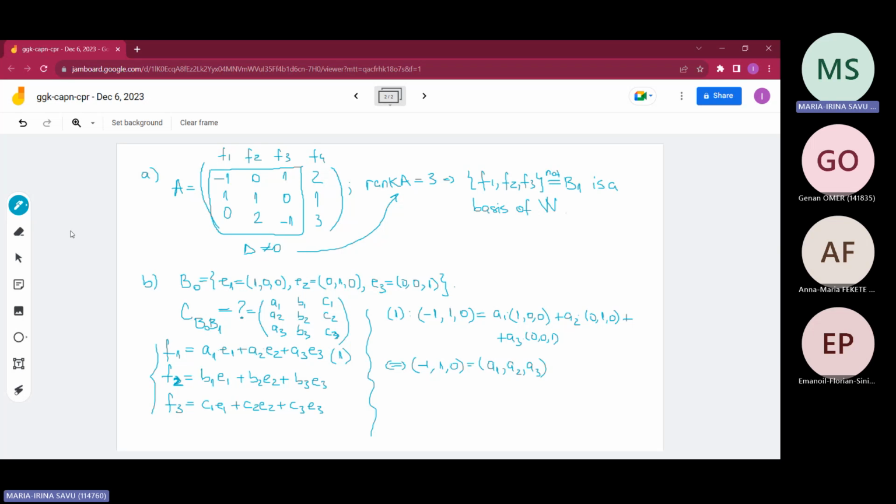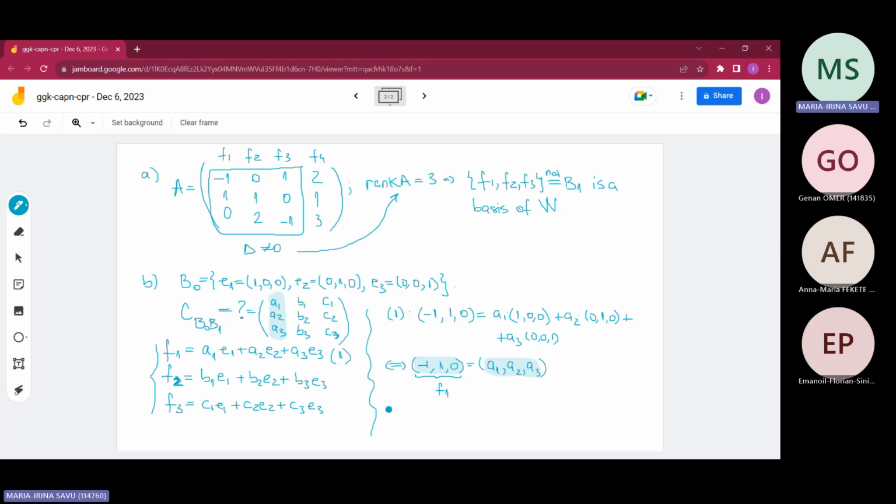So, actually, the first column of this matrix is the vector F1, (-1, 1, 0). The second column will be F2, and this one will be F3.